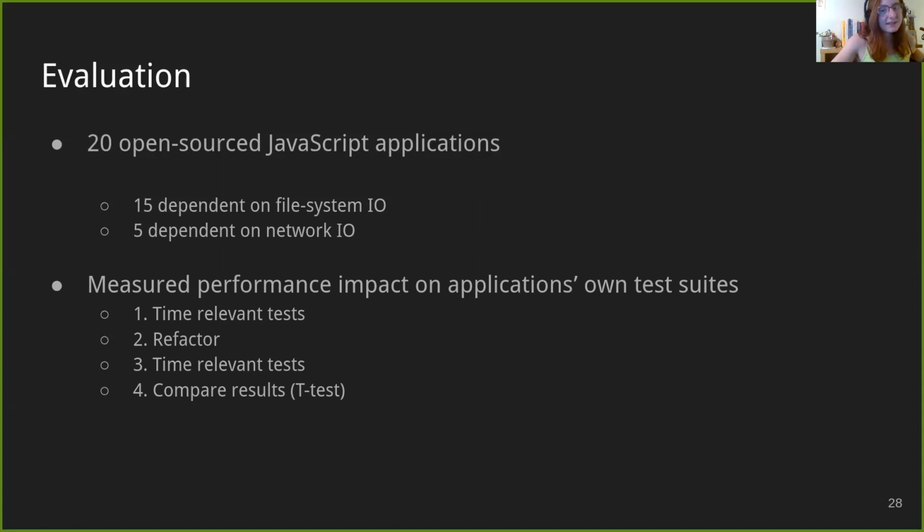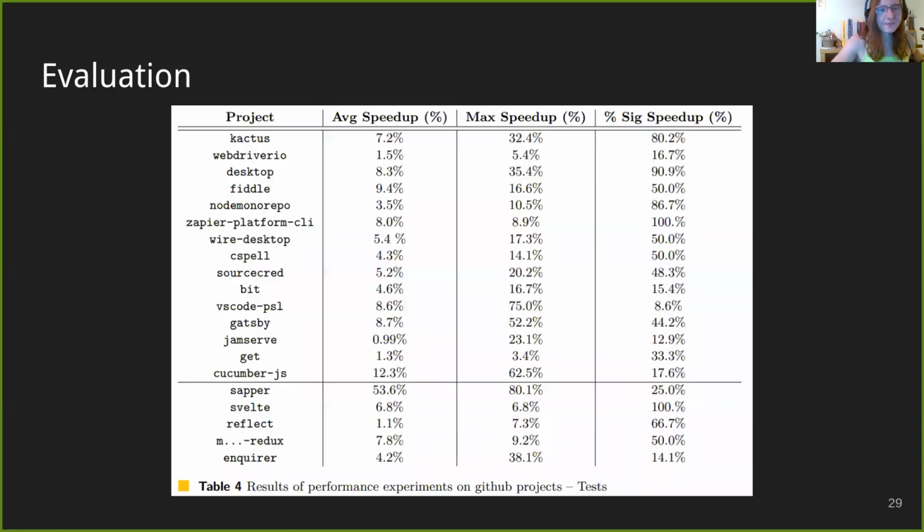And we did each of these things 50 times for each project. Then, given all those results, we compare to see with a t-test if there's a statistically significant performance change, either positive, so a speed up, or negative if there was a slowdown. And we didn't see any slowdowns.